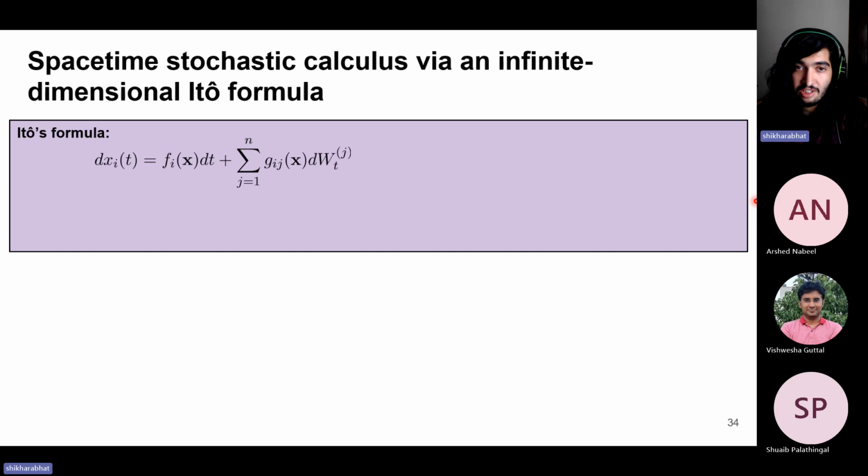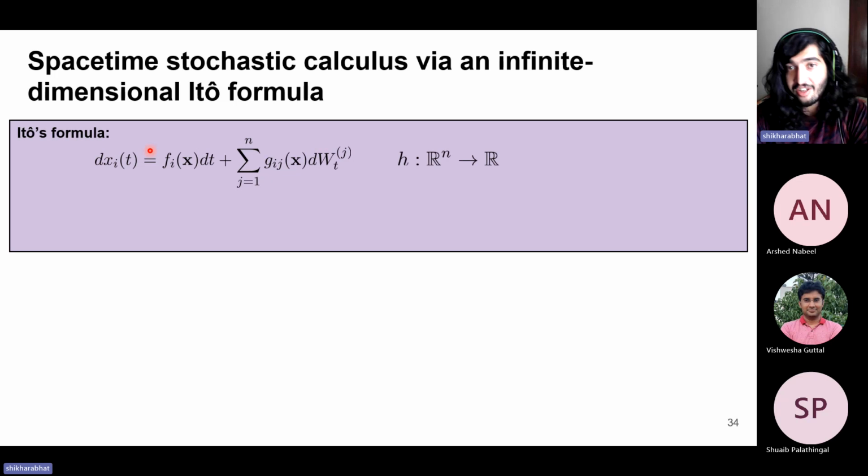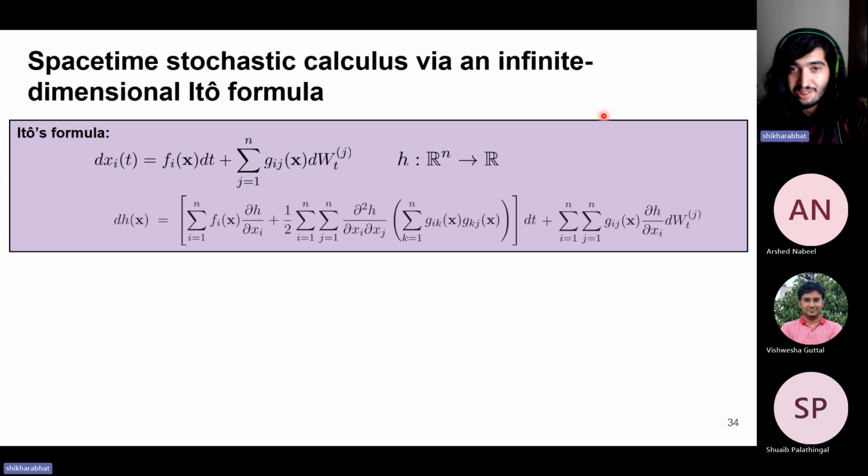If I have an n-dimensional process x whose ith component is given by f_i dt plus the summation of g_ij dW_t^j for some matrix g_ij and some vector f_i, and if I have a nice function h from R^n to R, and I want to know how h of x behaves, that is, if I change variables of x to h of x, Ito's formula looks like this.